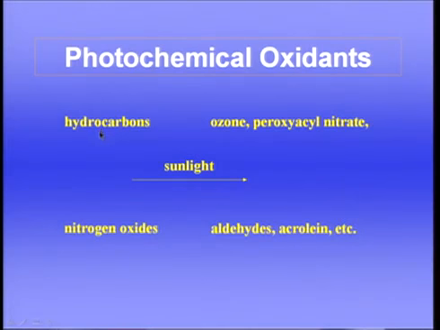But the upshot is that hydrocarbons, which, as I say, are normally not toxic, produced often by automobiles, and nitrogen oxides, which are produced at very high temperatures when fossil fuels are burnt, and again the automobile produces nitrogen oxides, when those two come together under the influence of sunlight, and this is high actinic light, short wavelength light, which in California we have a great deal of, that produces, through a complex set of reactions, a series of very unpleasant things, including ozone, peroxyacyl nitrate, aldehydes, acrolein, and other components of smog.